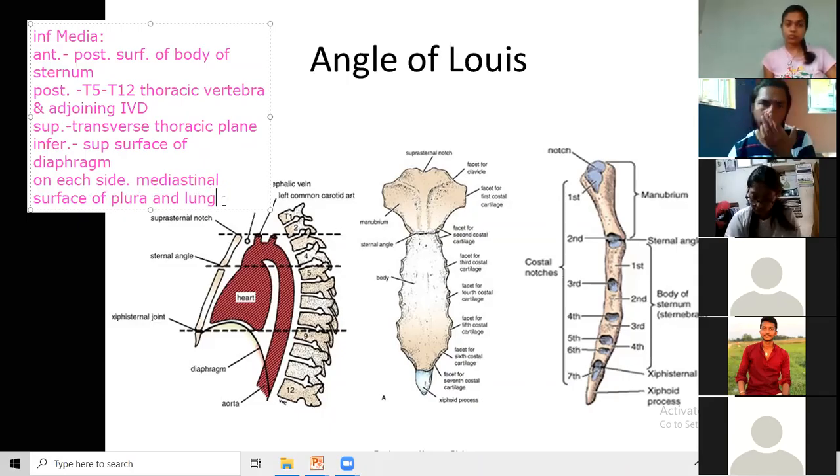Because inside the pleura the lungs are there, so the mediastinal surface of lungs also. Or directly you can write the mediastinal pleura. That is sufficient. Here also see the inferior boundary, superior surface of diaphragm. If you remember that.